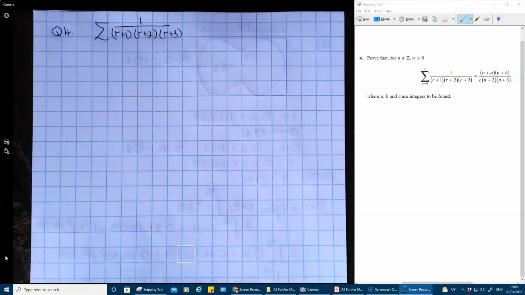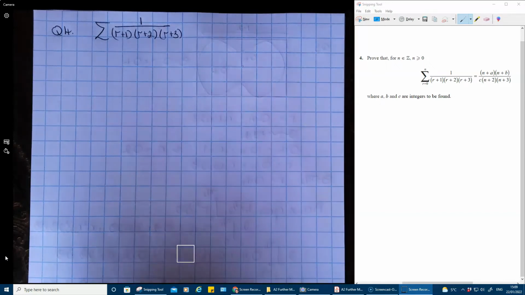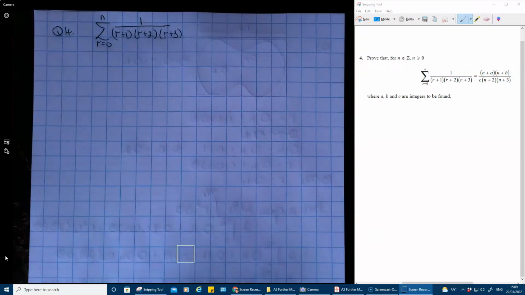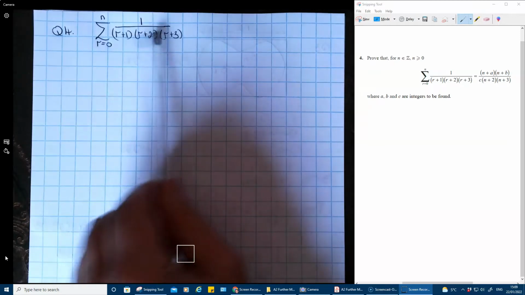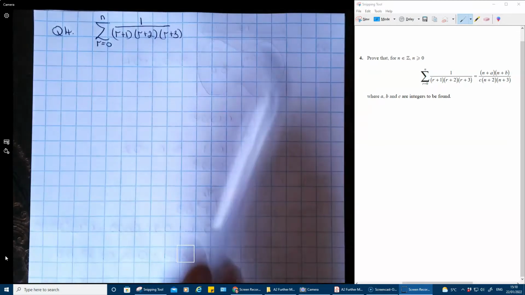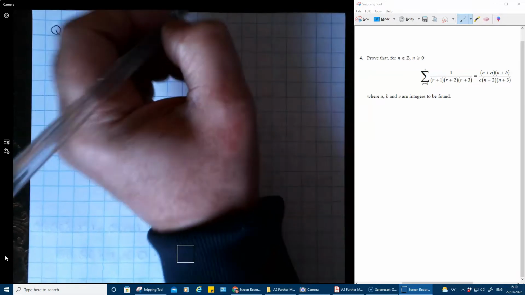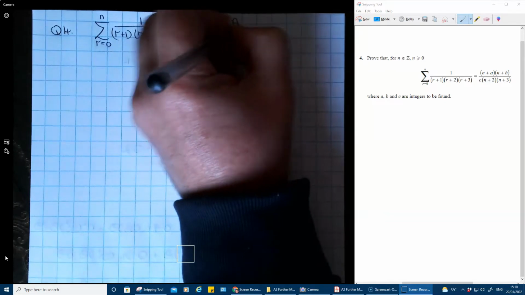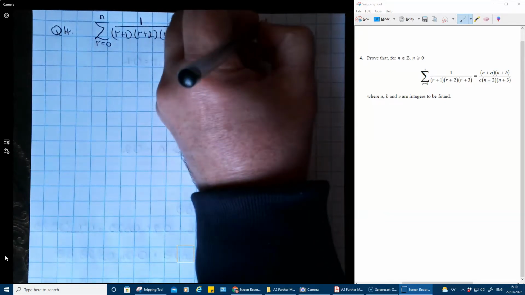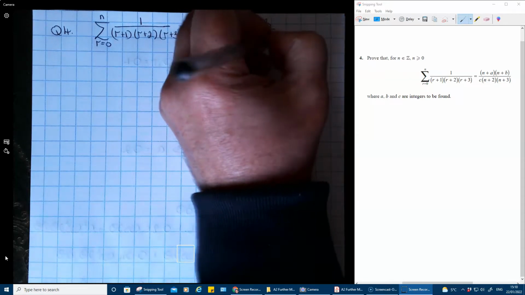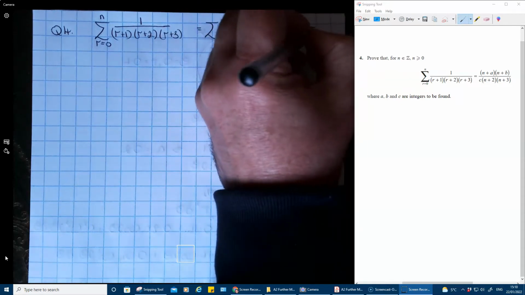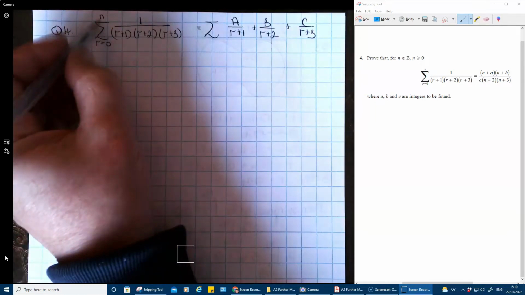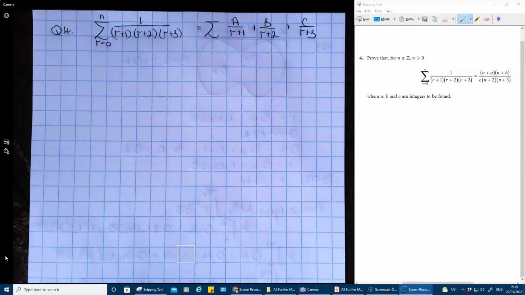Okay, we're trying to find an expression for this summation, where we're going from r equals 0 up to n. The denominator is factorized into three factors, so we're going to split that into partial fractions, and we're then going to plug the numbers in and hope we get some cancelling, but we'll see.